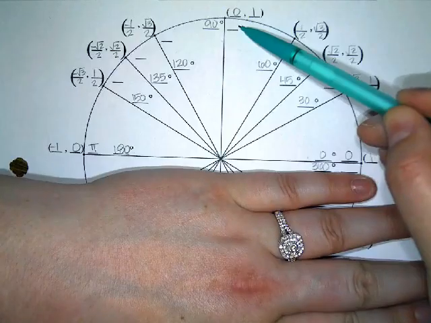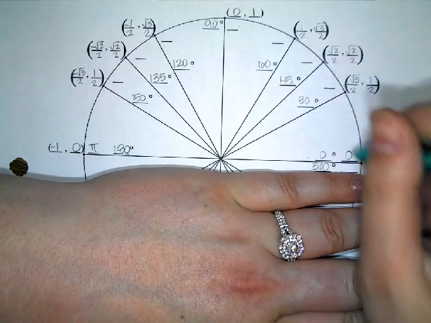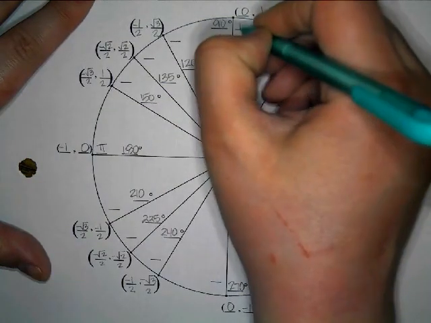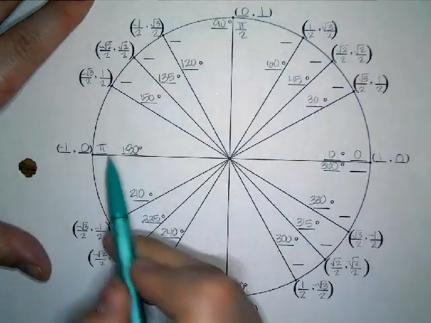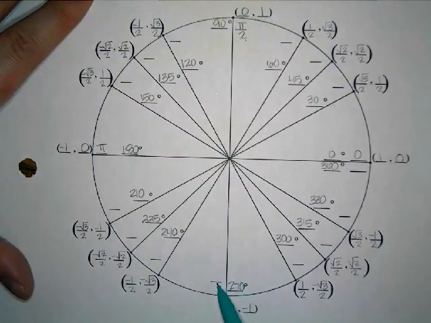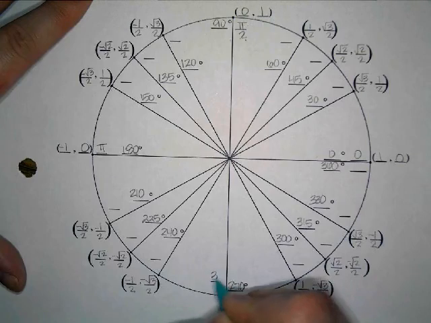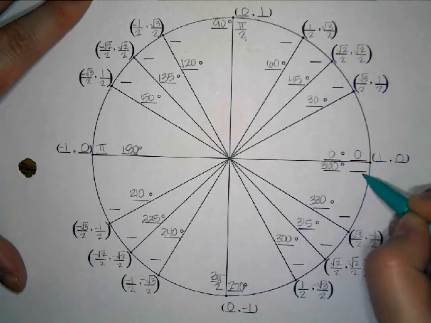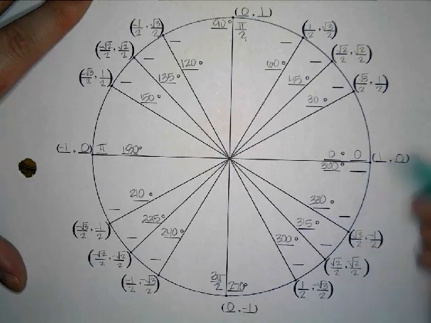Pi over 2. Okay, so we're going to count by halves. I'm going to have 0, pi halves, so that's 1/2, 2 halves, what's down here? 3 halves, and then over here is 4 halves, which is 2 pi. Okay?